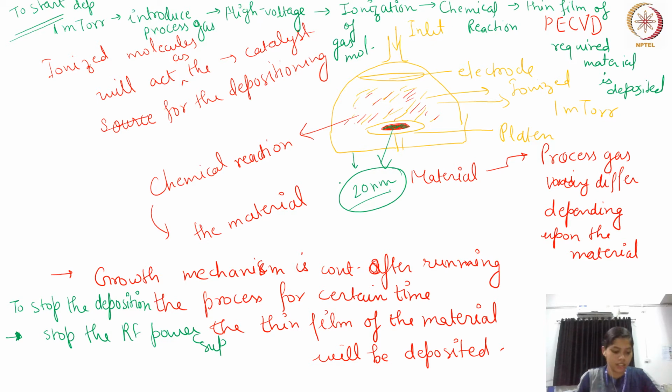Yes, Rupati. So first of all we will stop this RF power supply, and then also close the gas inlet through which the gas was coming inside this chamber. So is it clear to everyone?